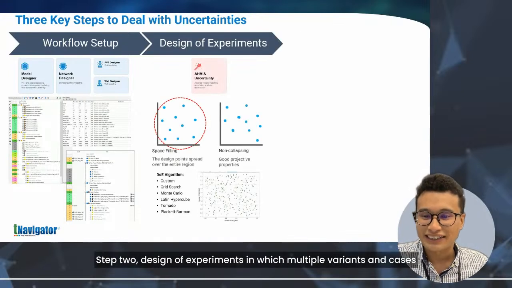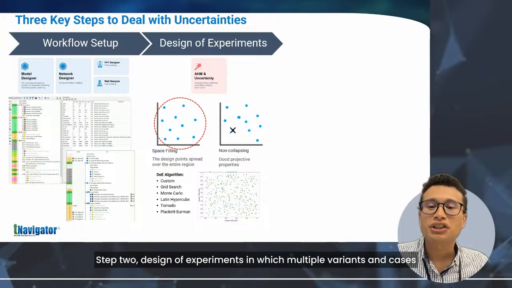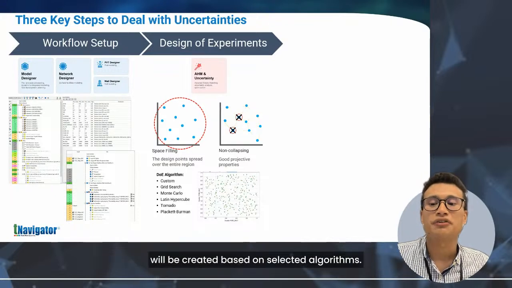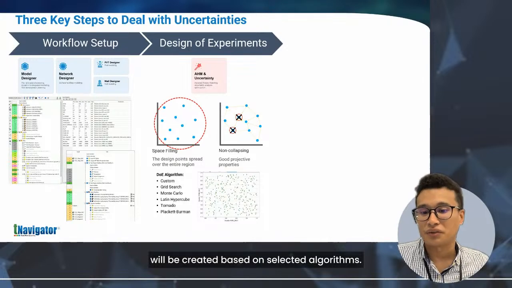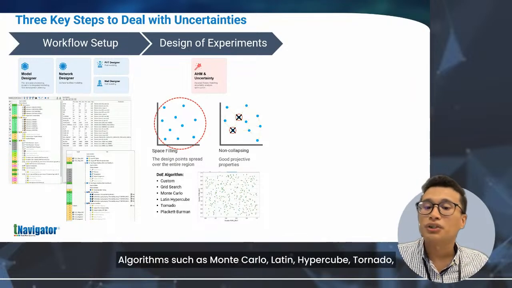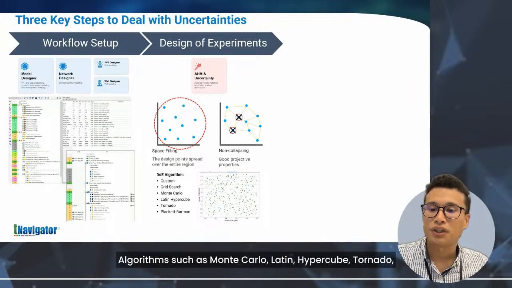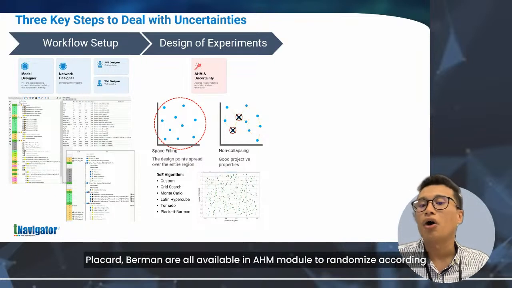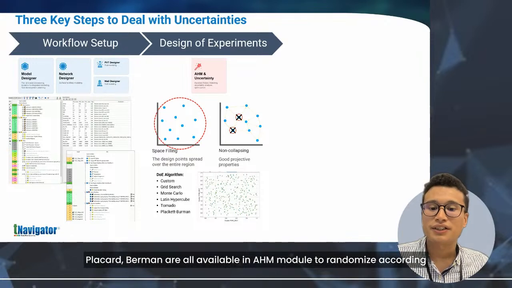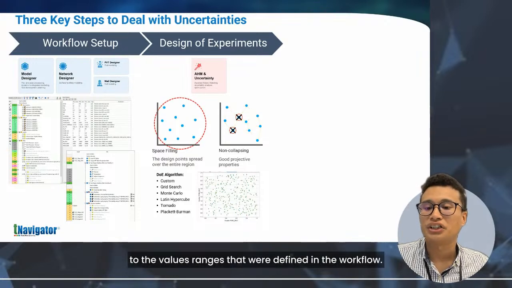Step two, design of experiments, in which multiple variants and cases will be created based on selected algorithms. Algorithms such as Monte Carlo, Latin Hypercube, Tornado, and Plackett-Burman are all available in the AHM module to randomize according to the value ranges that were defined in the workflow.